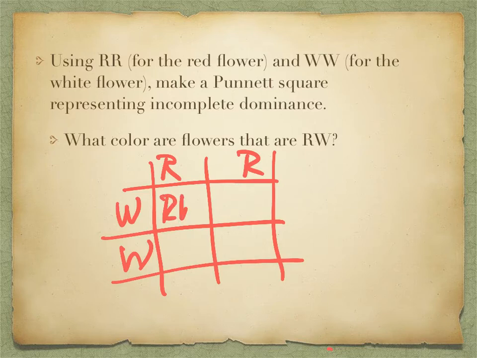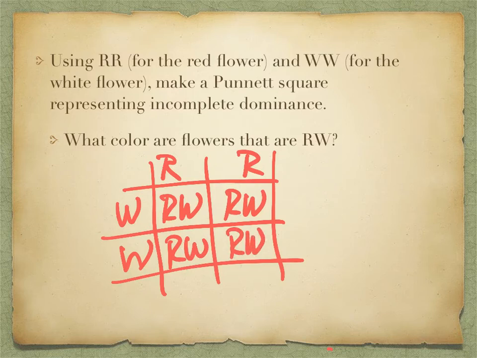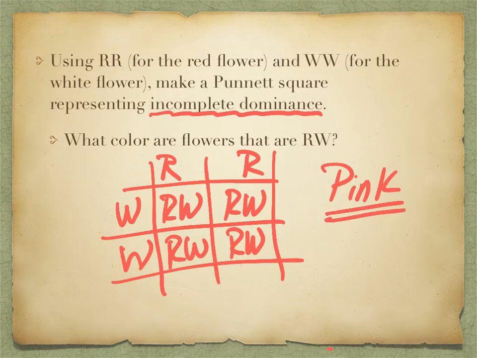And when these guys are crossed, all of the offspring are going to have red and white alleles for flower color. But since this is incomplete dominance, you're going to get this blending of traits, and all these offspring would be pink. 100% of the offspring would be pink because they would be displayed incompletely.